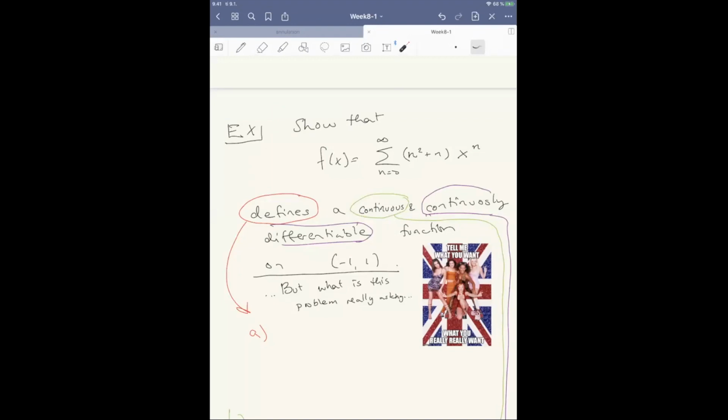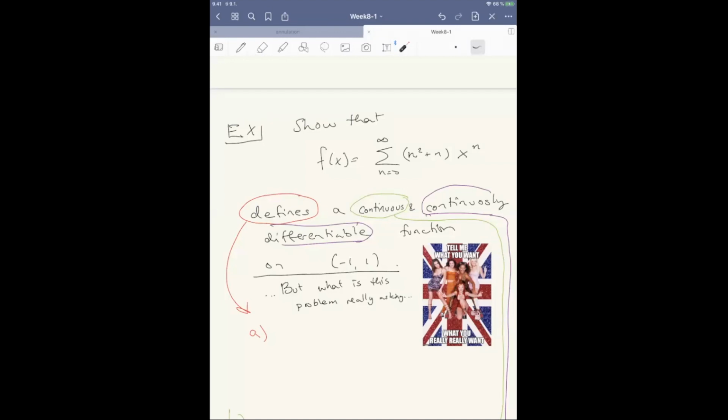You could criticize this statement as a little bit cryptic or misleading because the statement is really asking you to prove that this defines a continuous and continuously differentiable function. But what you actually do in the proof is something seemingly very different.